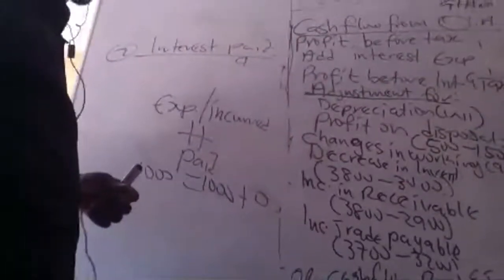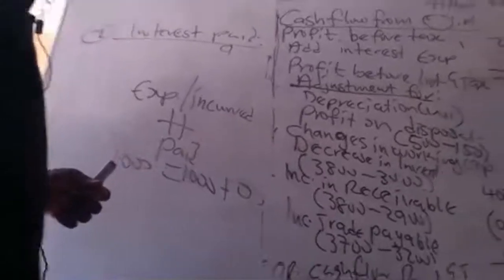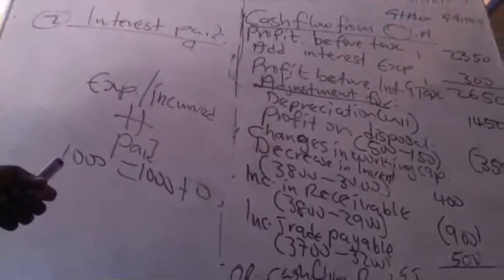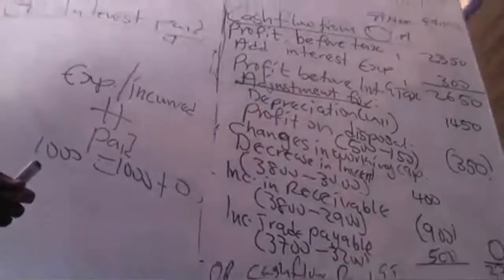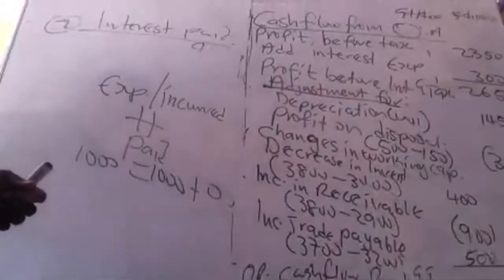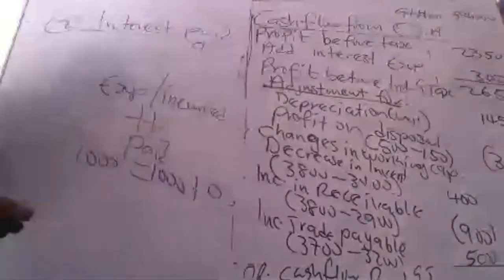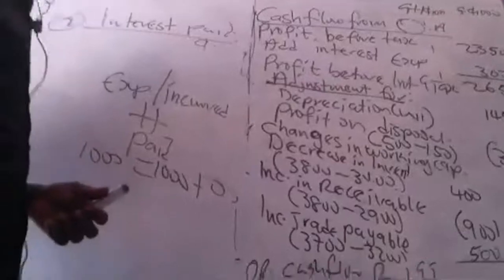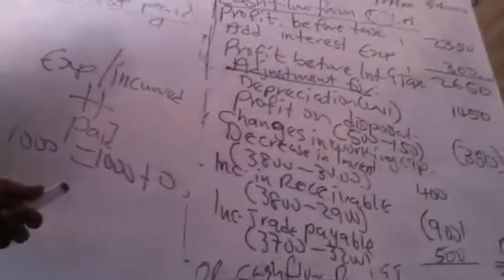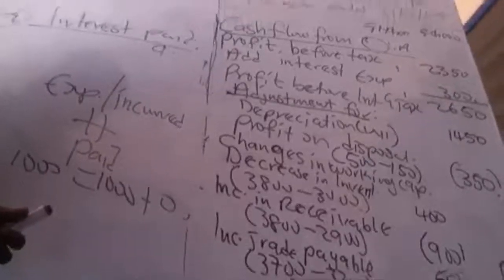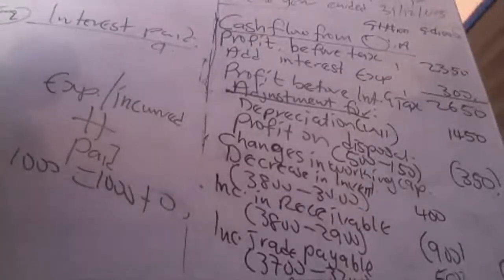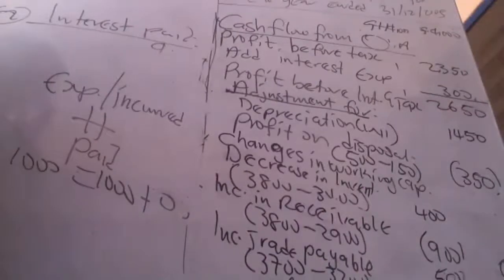Good. Now when you go to the initial section of the cash flow, now go there for me, cameraman. Good. When you go to the initial section of the cash flow, there's add back interest expense 300. Now we have checked the financial statements. The financial position, there's no interest expense.